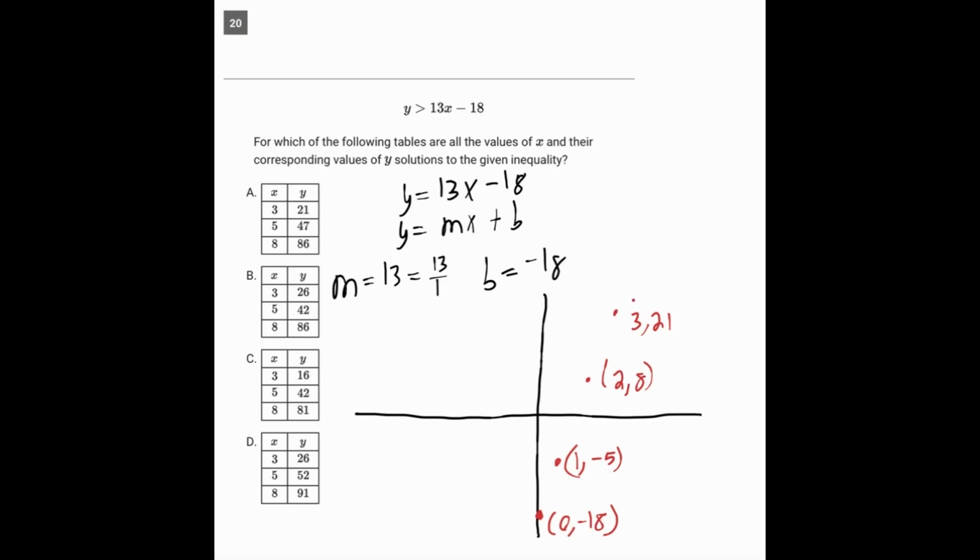Up 13 over 1 again, that'll take us to (3, 21). And let's continue it more and more. Up 13 over 1 again, that'll take us to (4, 34). So we're adding 1 to the x and 13 to the y.